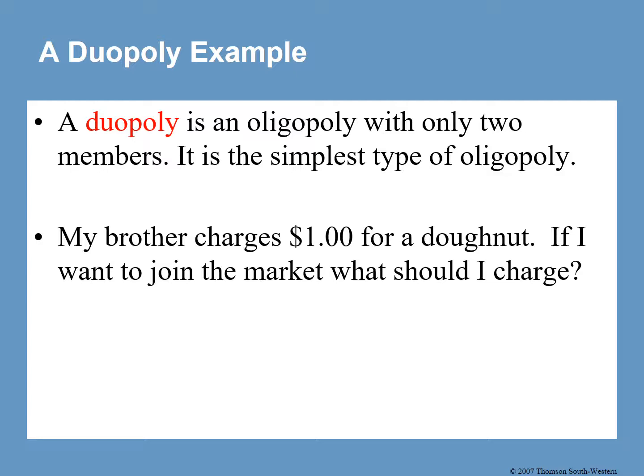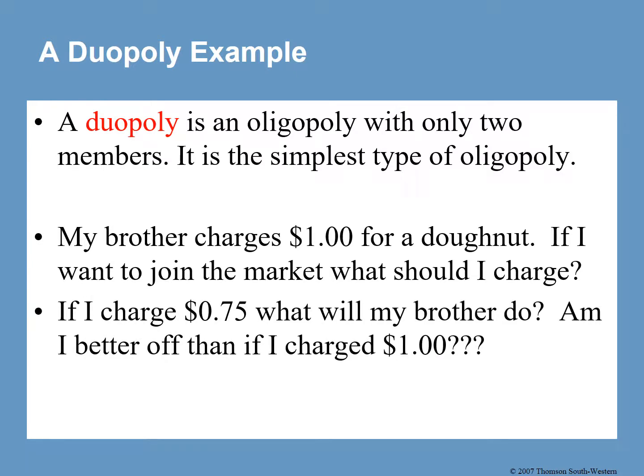Well, of course, if you're like me, you're thinking, I bet if I undercut him in price, people will want to buy from me instead of him. And you're absolutely right. That's what I did. So I charged 75 cents, and I was successful. A lot of the other students would come and buy my donuts instead of my brother's.